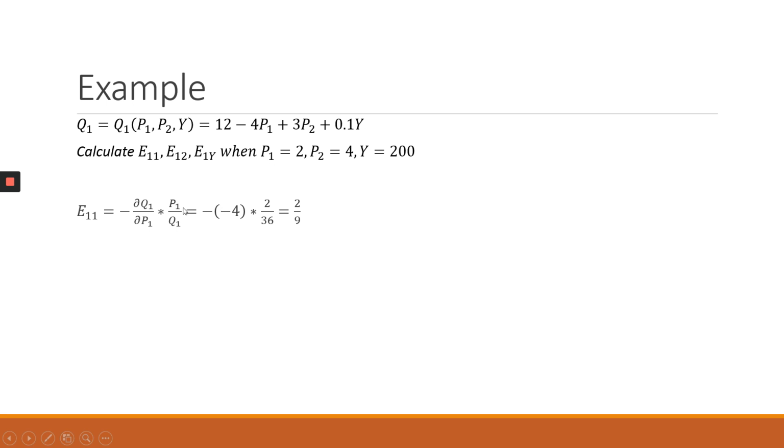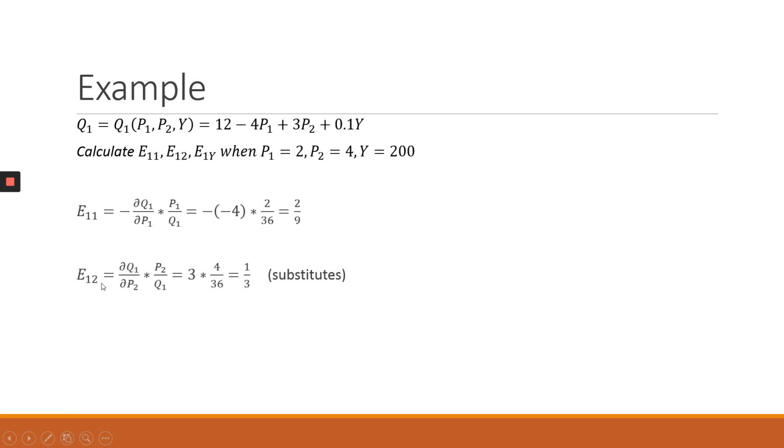So we substitute for P1 and Q1 from the given values. In this case, we are given P1, but we don't have Q1. What we are going to do is take this information, plug it back into the demand function, and then we can solve for Q1. And if you do it correctly, your Q1 comes out at 36.